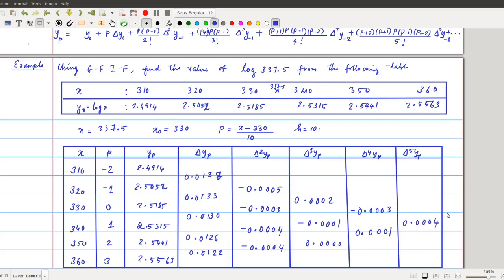So these are the difference table, or forward difference table, for evaluating this formula.